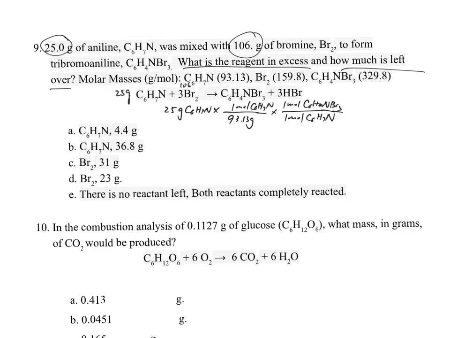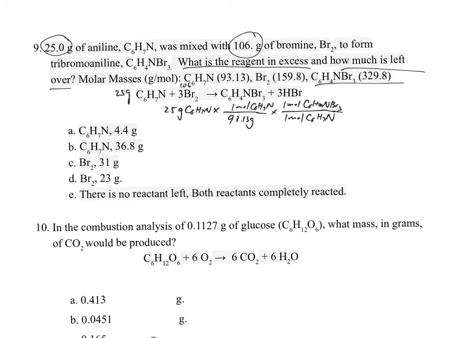You could continue with the molar mass of this and get grams. But since we're not looking for how much of the product is made, you could also stop here at the moles, whichever one gives the smaller amount. The amount could be in moles, the amount could be in grams. That makes no difference.